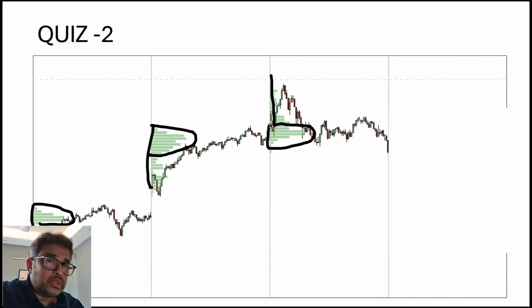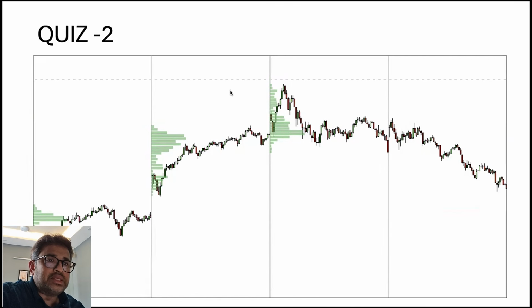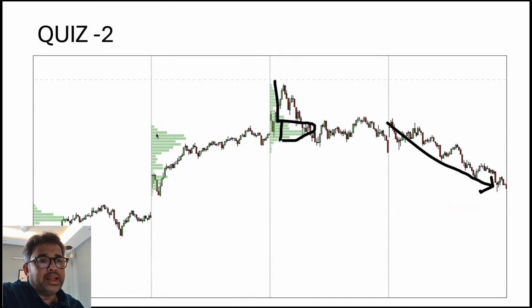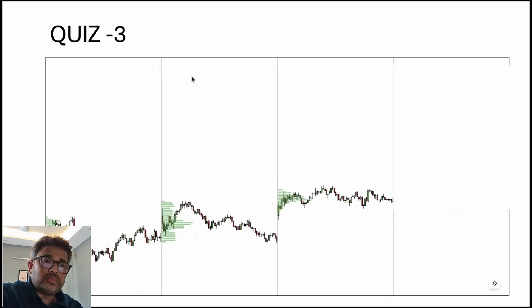Now it's a B profile. So that means next day what could happen? Next day it is likely to be a bearish day, right? Next day market is likely to go down because it made a B profile after making continuous P profiles on the previous 2 days.